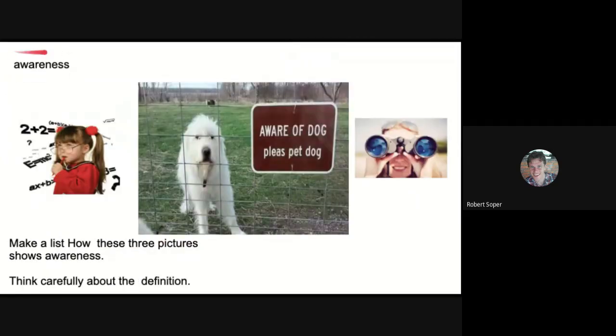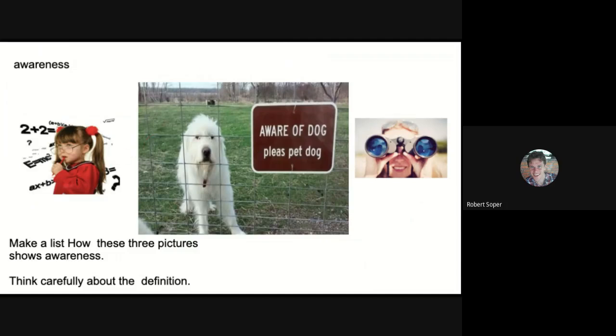Okay, let's focus on this word, awareness. Think about what awareness means. So when you are aware, you are seeing a situation, you are noticing a situation, you are realizing what's around you.